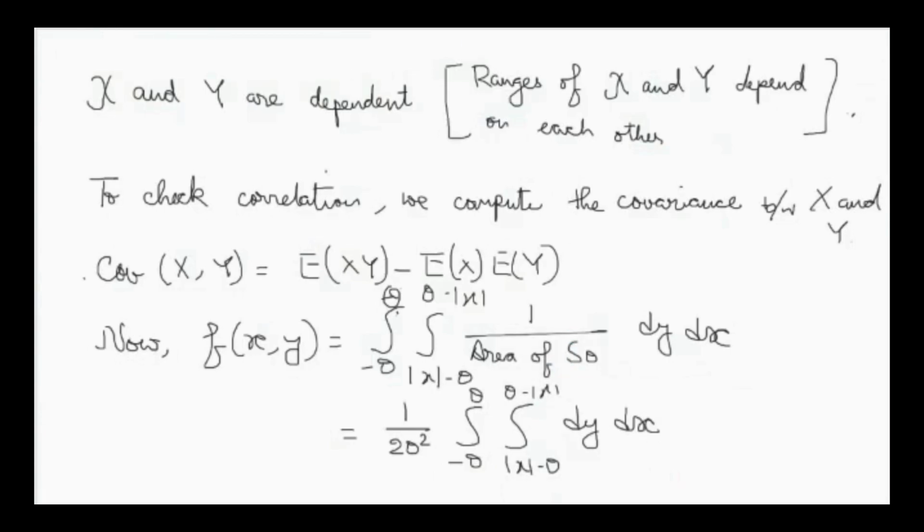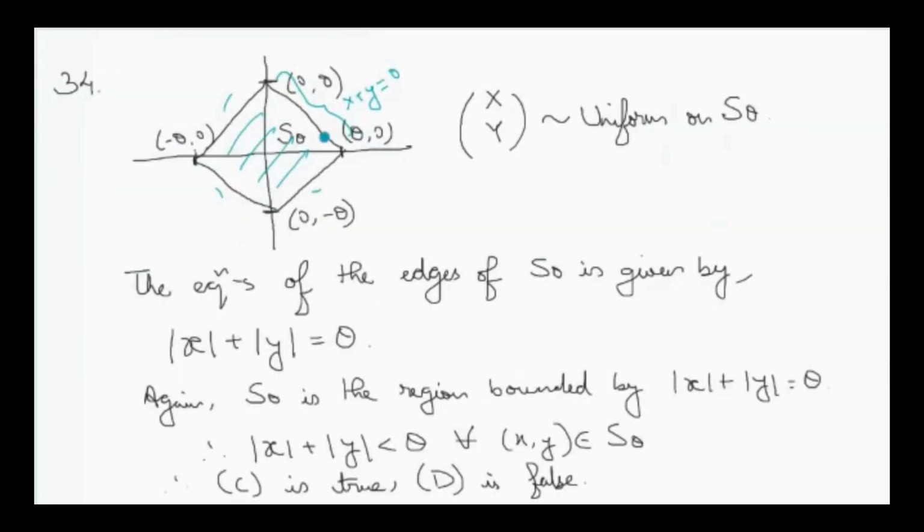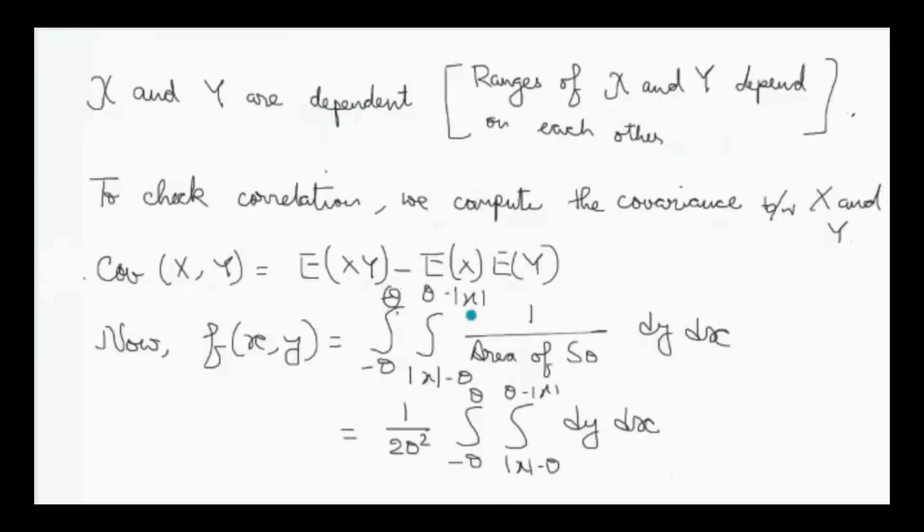Now the area of S theta, you can observe, is 2 theta square. How can you obtain that? Just take one of these four right triangles, whose area is theta square by 2. So the total area is 4 times that, which is 2 theta square. So here 2 theta square is in the denominator, and you basically have the integral from minus theta to theta of the integral from mod x minus theta to theta minus mod x, dy dx.